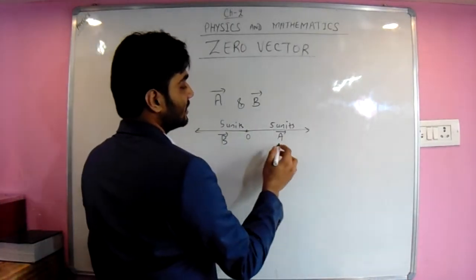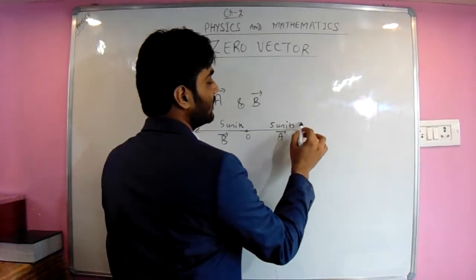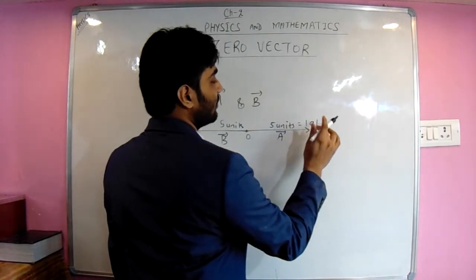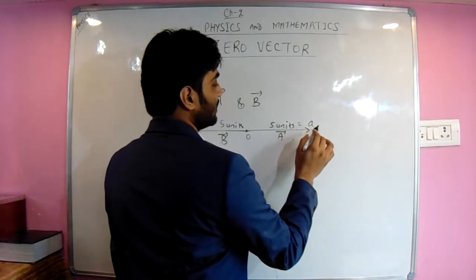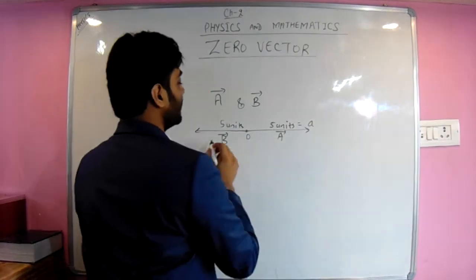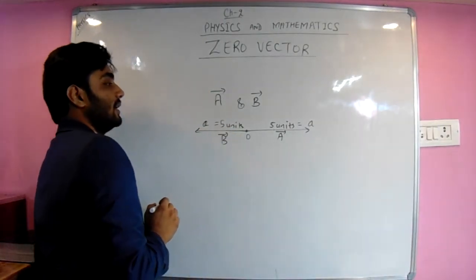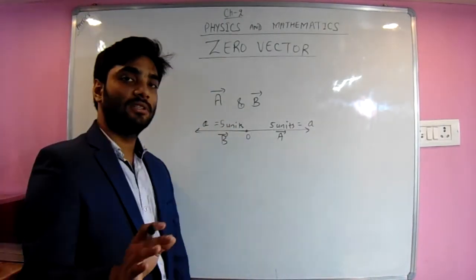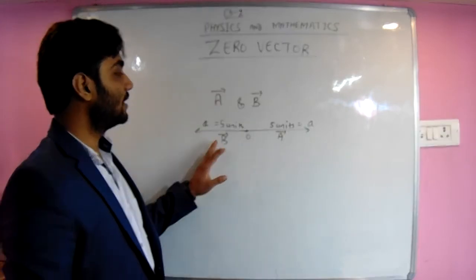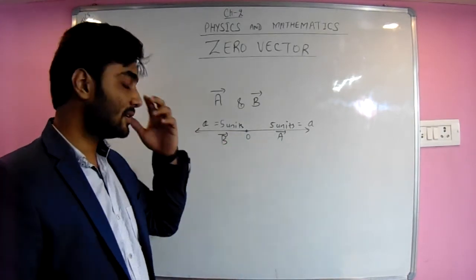If its magnitude is called small a, this is small a, and this is also small a. The magnitude is the same in this case, but the direction is opposite.